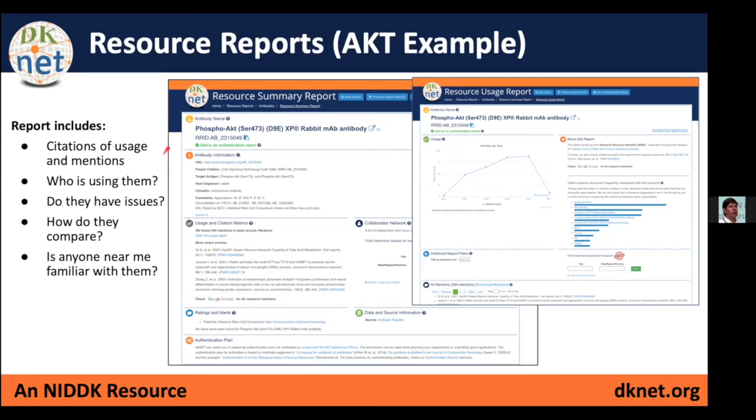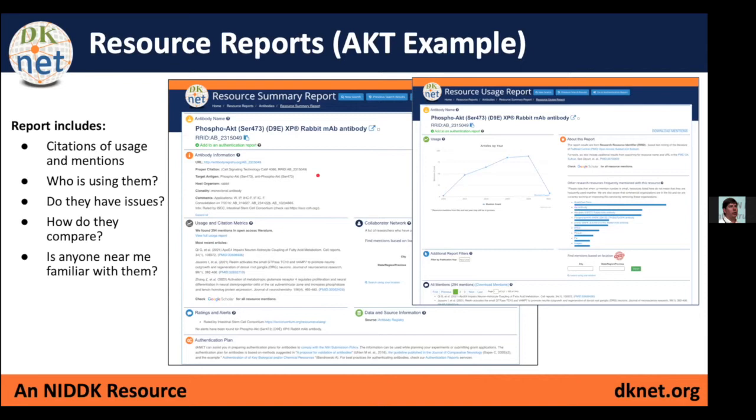The resource reports themselves provide an overview of a lot of resources that may be important for your research, everything from antibodies, cell lines, biomedical software tools, to protocols that people have published openly. All this is available to you through these resource reports.